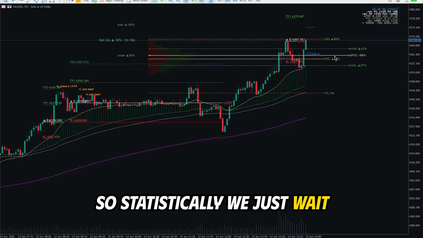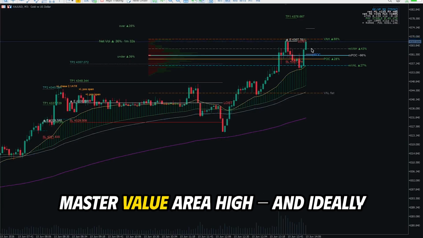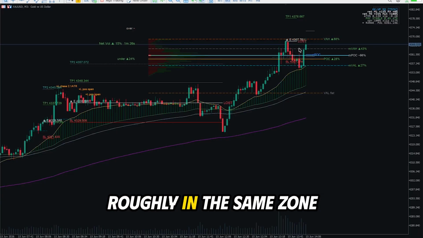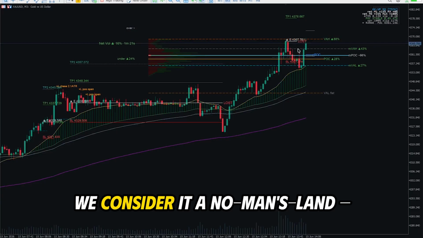So statistically, until this gauge is fully above the master value area high, and ideally the local value area is also sitting roughly in the same zone, that's when we consider it a no man's land.